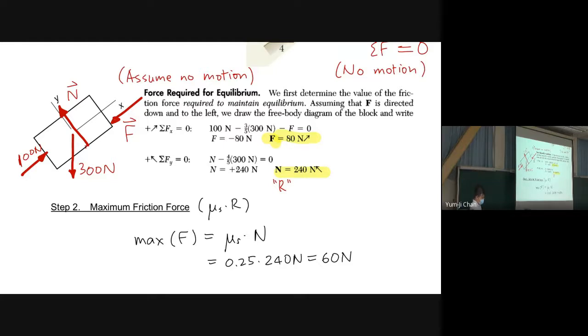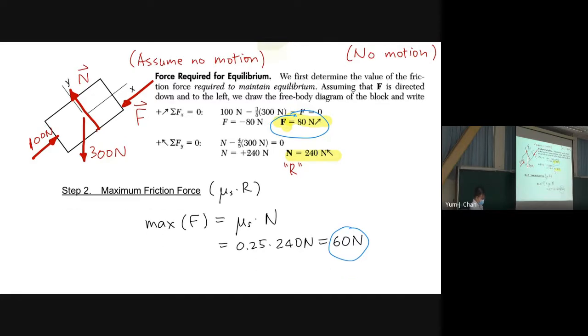Now, in the next step, we compare this one and this one. Remember one thing: for the value of F, we get a minus. So in physics, actually, this force is 18 Newtons going upwards.